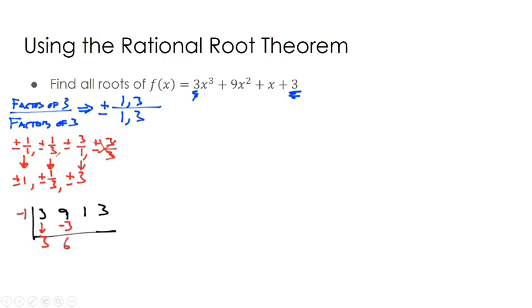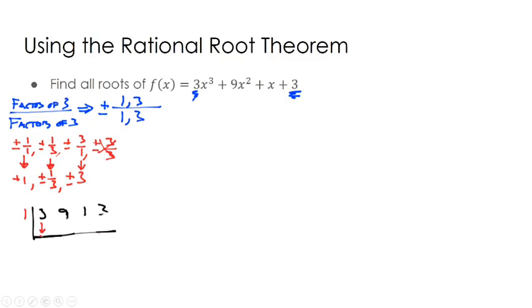Add straight down. 6 times negative 1 is negative 6. Add straight down. 7 times negative 1 is negative 7. Add straight down. Well, we find that negative 1 is not a 0. So I'm going to come up here and erase the negative 1 to show that we've tried that. I'm going to take it out of my guess and check. And let's keep going. Remember, we're looking for a remainder of 0 to prove that it's a root.